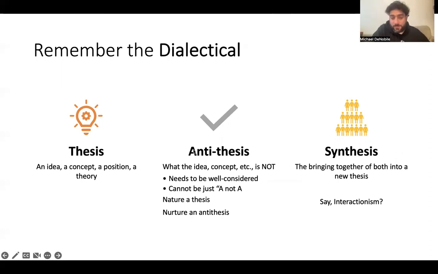So there's conflict between the thesis and the antithesis. This conflict tries to be solved in the synthesis, say interactionism. And then we have a new standard, because now the synthesis becomes the new thesis and the process starts over again.